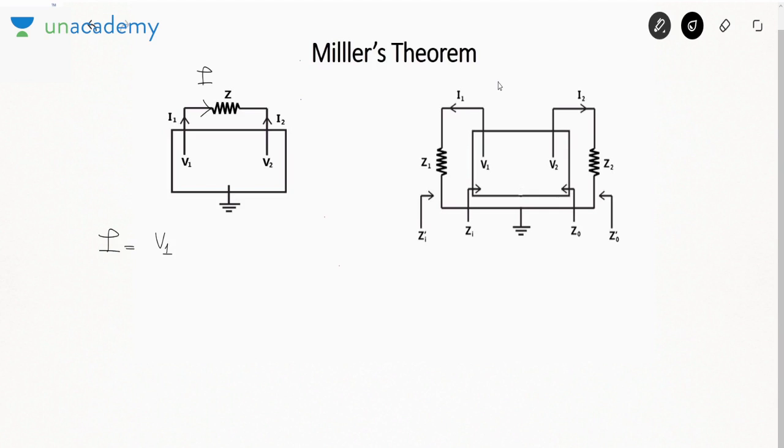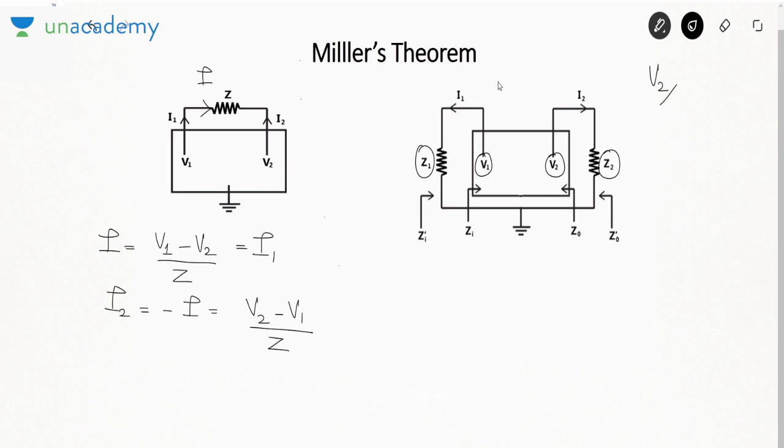I will flow from high voltage to low voltage, that is (V1 minus V2) by Z. Now by KCL, I1 is also I, but I2 is minus I, which means (V2 minus V1) by Z. Now when you want to break this Z into two impedances Z1 and Z2, then Z1 is connected only across V1 and Z2 is only connected across V2. So I'll say, suppose V2 by V1 is the voltage gain.